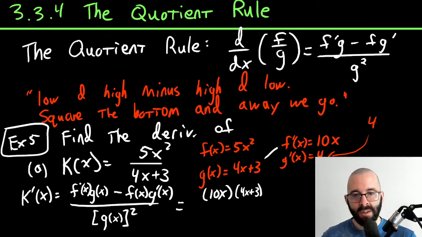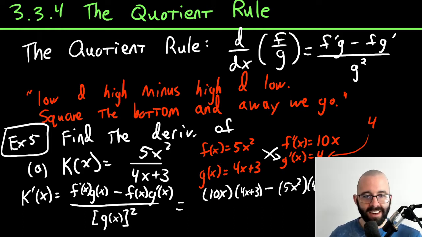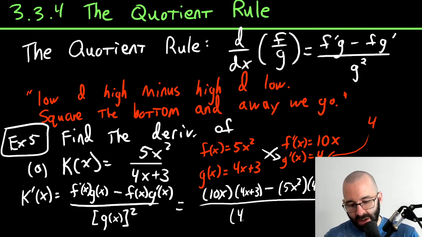It's multiplying these two together. Minus f of x, which is 5x squared, times g prime of x, which is just 4. It's multiplying those two together. Divided by the denominator squared, 4x plus 3 squared.